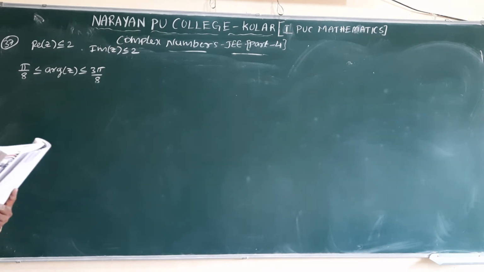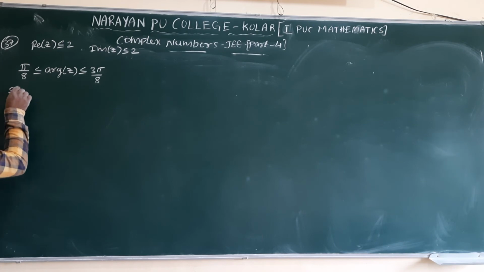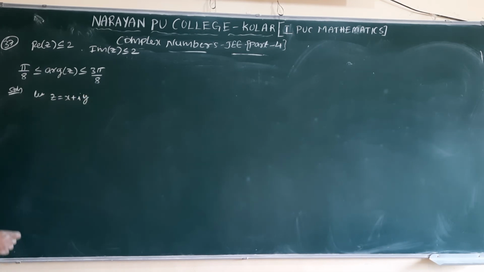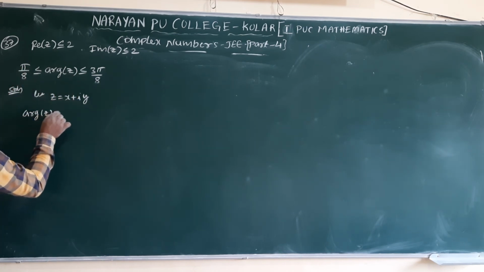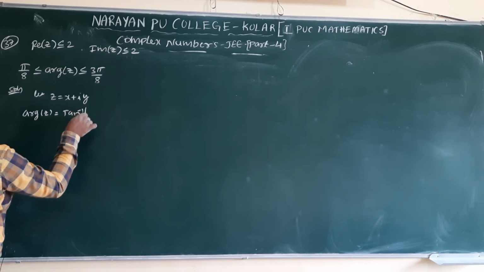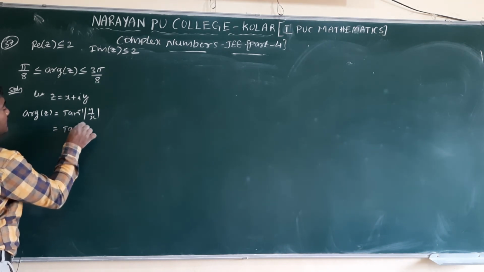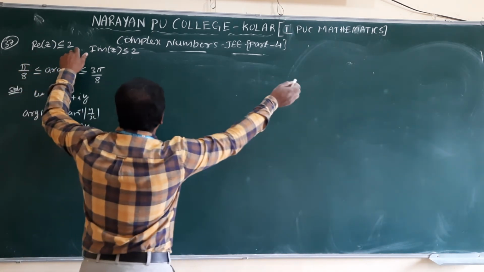Here, let Z is equal to x plus iy be a complex number, then argument of Z is tan inverse of modulus of y by x, but here tan inverse of y by x. So here we have to find pi by 8 is less than or equal to argument of Z is less than or equal to 3 pi by 8, but they have given real part of Z is 2 and imaginary part of Z is 2.